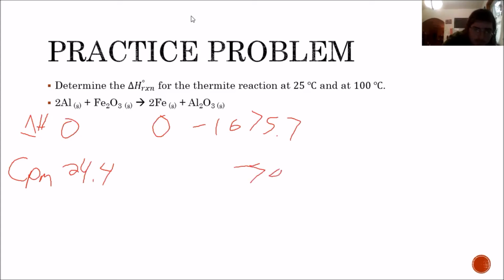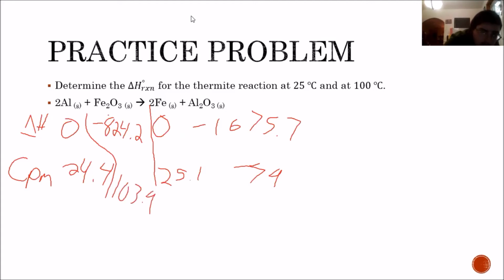Moving to iron: the delta H is 0, and the Cp is 25.1. For Fe2O3, delta H is negative 824.2, and the Cp of this one is 103.9.